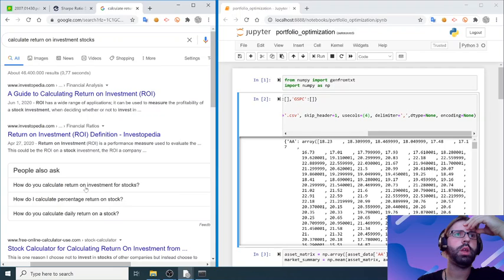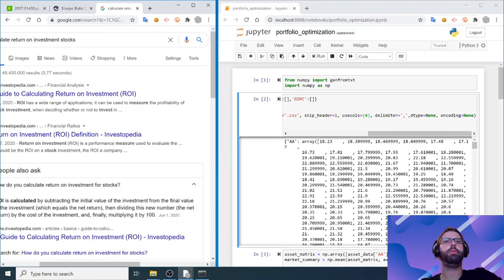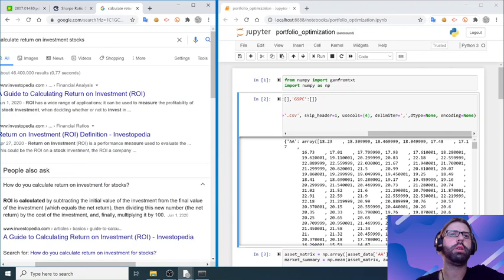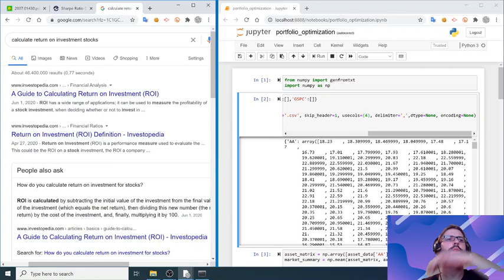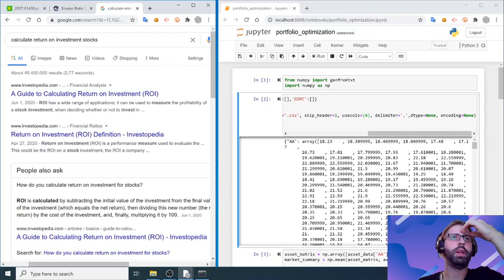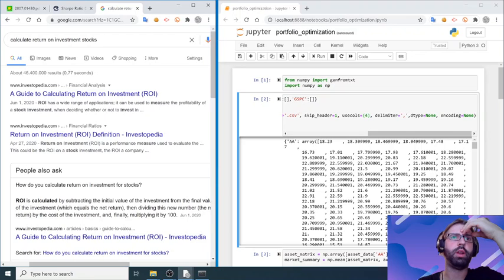Subtracting the initial value of the investment from the final value of the investment, which equals the net return. Then dividing this net return by the cost of the investment, and finally multiplying it by 100.